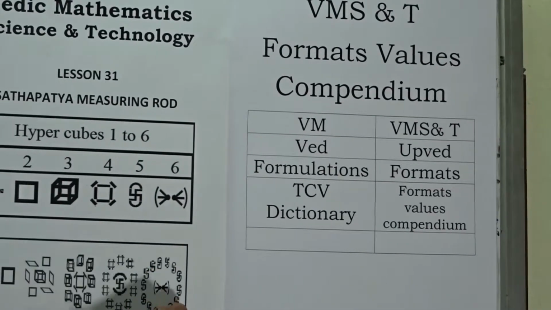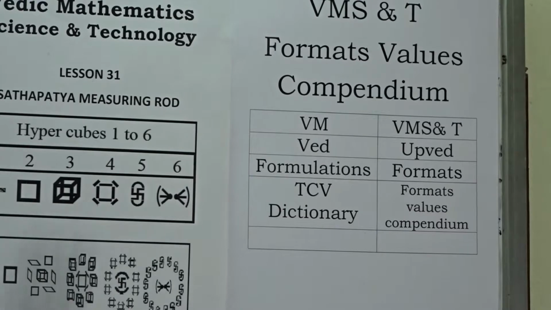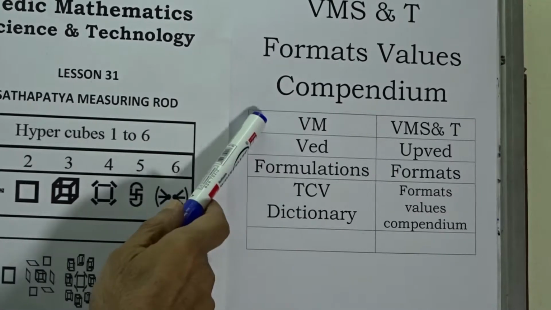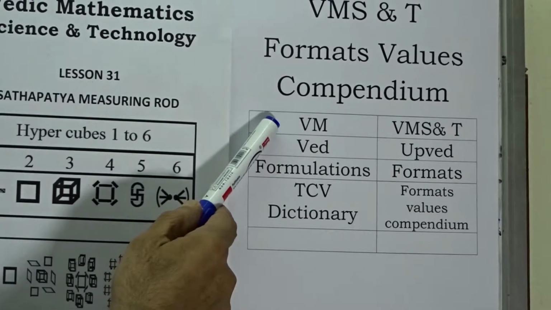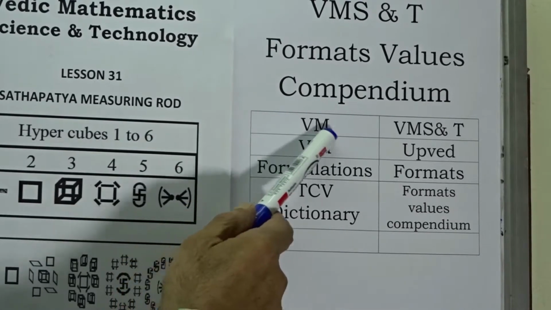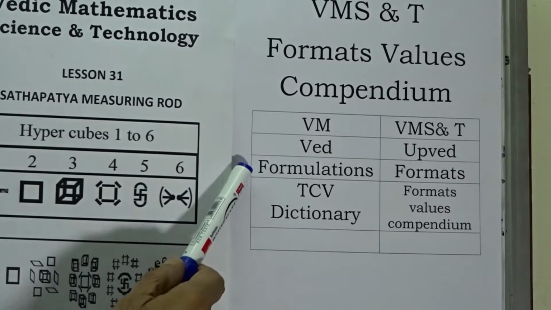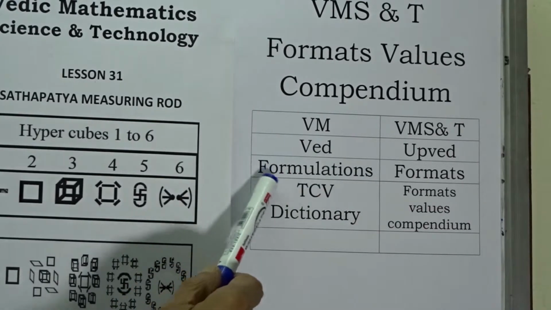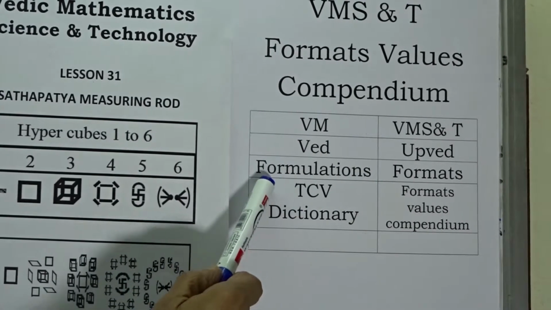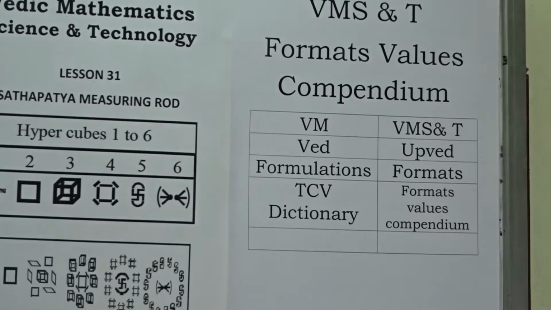Up till these 5 phases we have been focusing upon Vedic mathematics as pure values of Ved in the form of formulations, and in respect of these word formulations we have been updating our TCV dictionary.